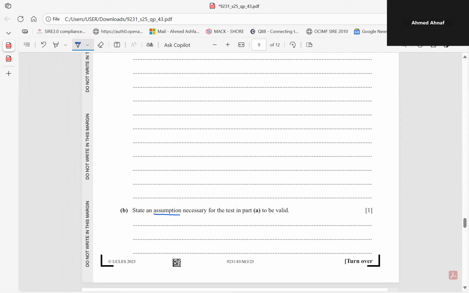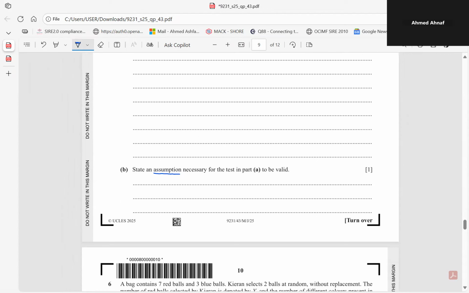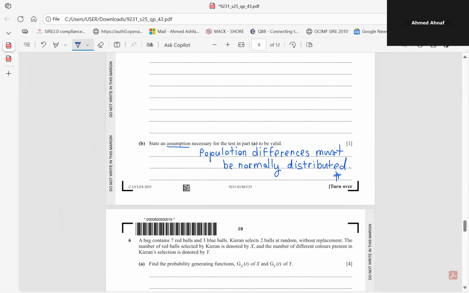So one of the conditions is that the population differences, there's a keyword here, population differences, since you're finding the difference, not the population itself, must be normally distributed. So this is the final answer for the entire question, this last part.